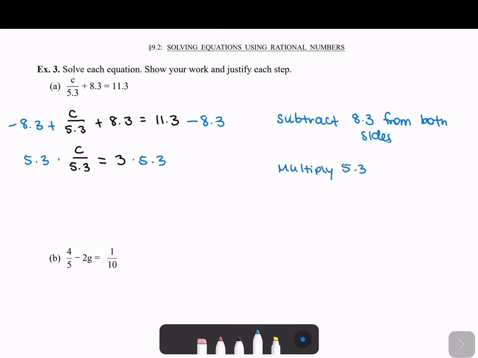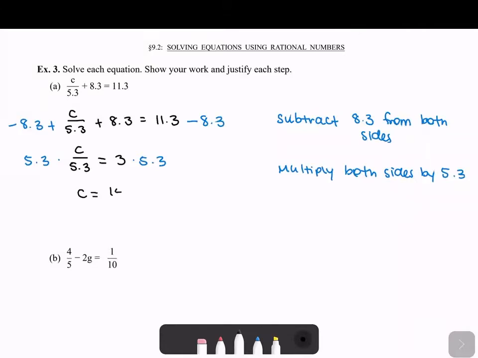I'm sure as you can tell, I'm doing the reverse order of operations because I'm subtracting and then multiplying. So on the right here, we get c equals, and then 3 times 5.3 is 15.9.